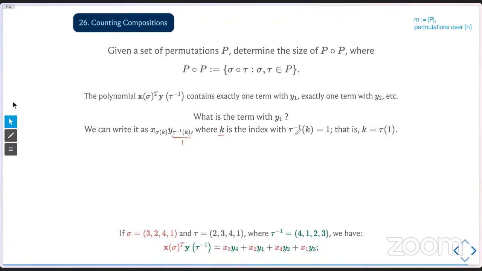So there's some k for which tau inverse of k is 1. That's going to be y1 just by definition. So k is therefore tau of 1. And because we know that this is the kth term, by definition the index for the partner x variable is sigma of k. Is that fine?